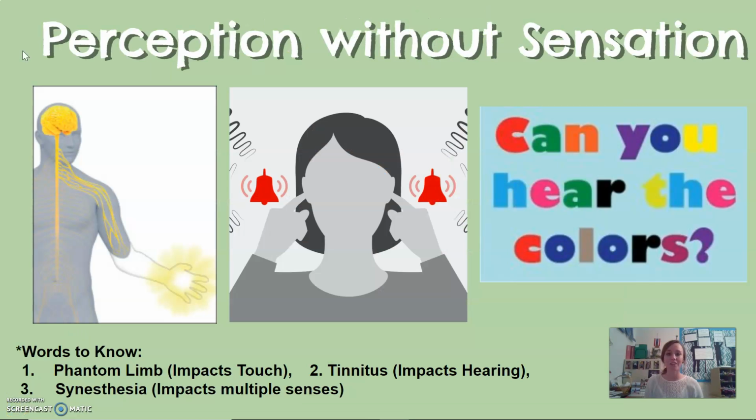In our next section, we are perceiving something without the actual sensation. The first one is the phantom limb sensation, where someone is feeling or perceiving a sensation when they are not, because they have had an amputation or a missing limb.